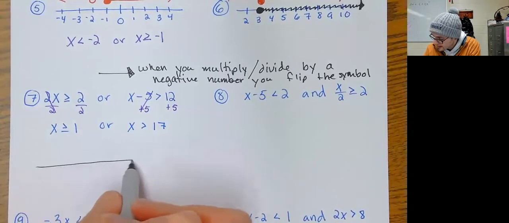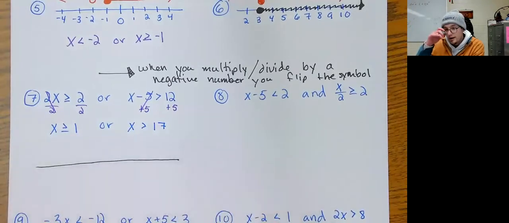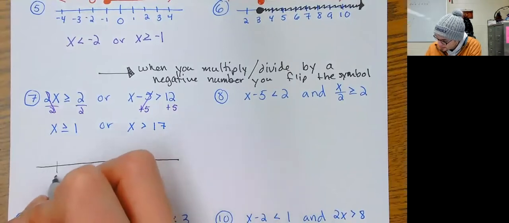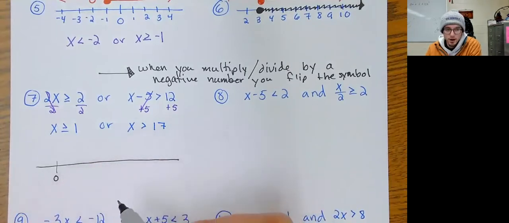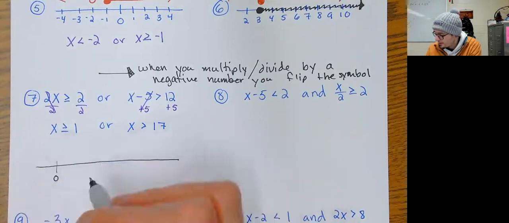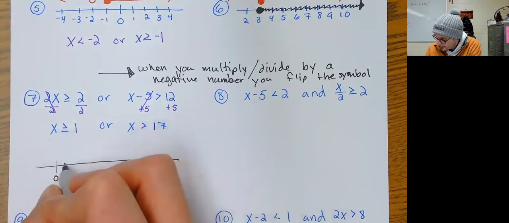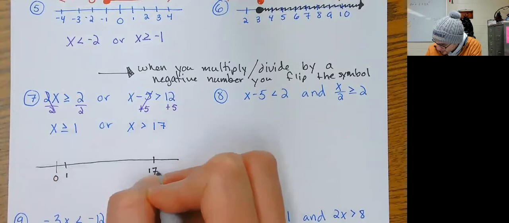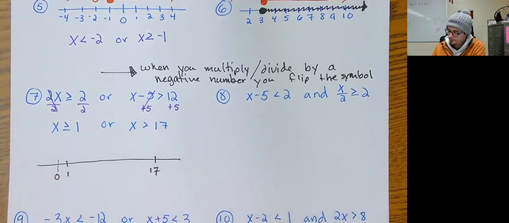What I expect is for there to be 3 numbers on the number line when graphing. The first one would be 0. That has to be on the number line somewhere. Then 1 would be right next to that. And then over here, you'd have 17. Just so I know that they understand that positive numbers are on the right side of 0. You should understand that too.